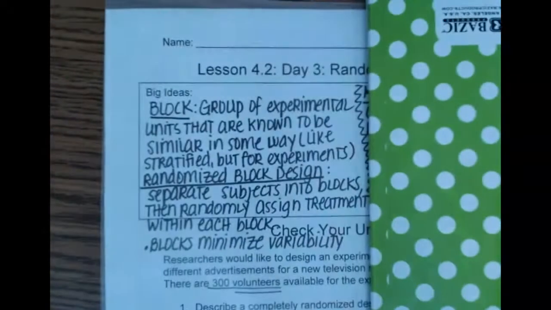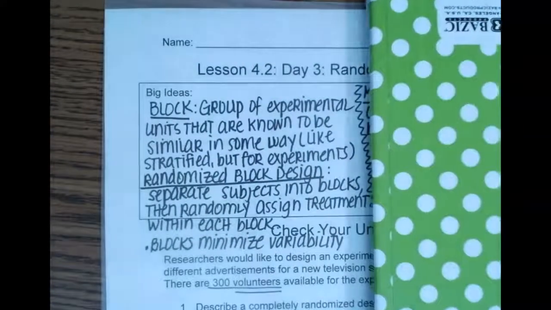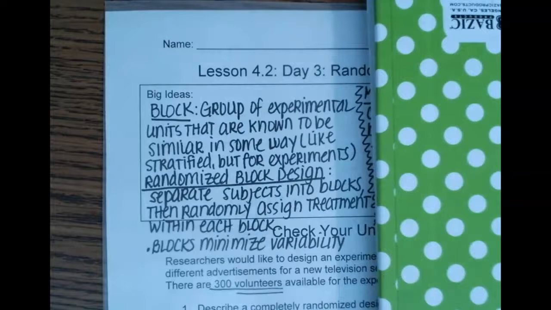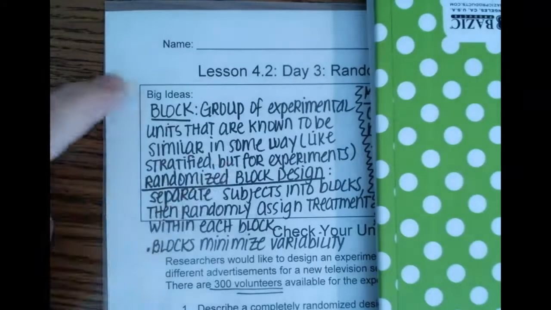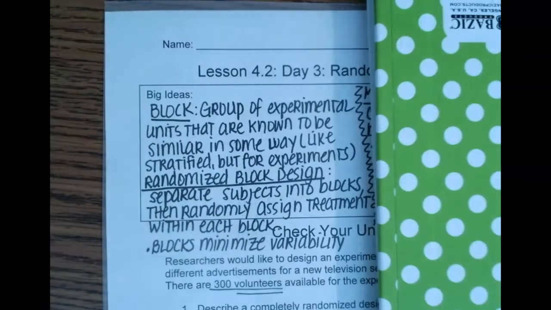we have a block. So a block is very similar to a strata. It's a group of experimental units that are known to be similar in some way. So strata, remember, is for sampling only. If you're talking about an experiment, we're talking about a block, but the idea behind them is the same. So the block of people are alike somehow.